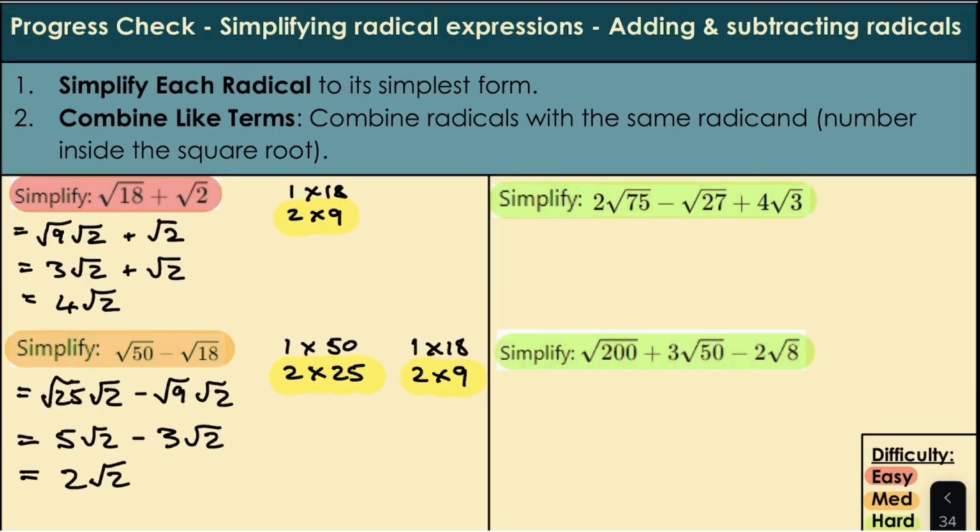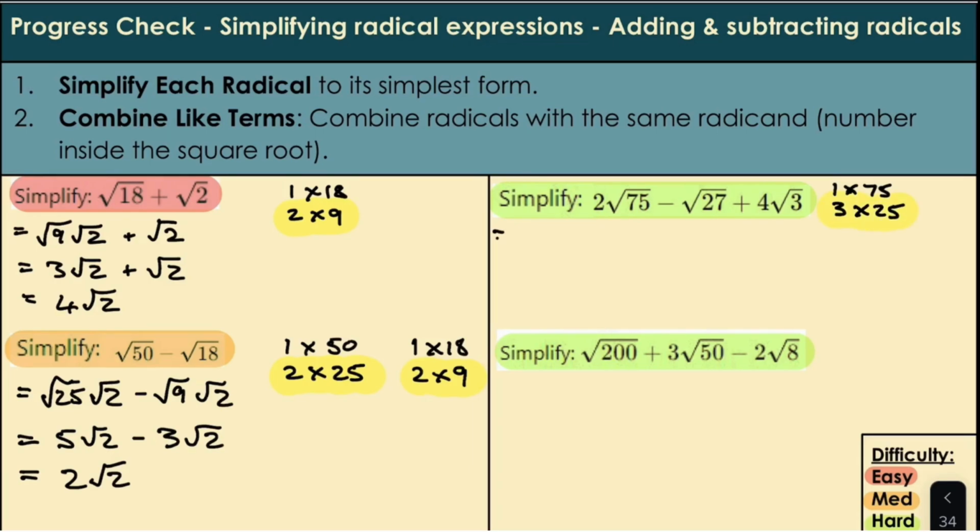And we're done. Next up, slightly trickier. So we see our root 75. So let's write down some factor pairs for 75. Aha, we see our square number 25. So let's break that up.